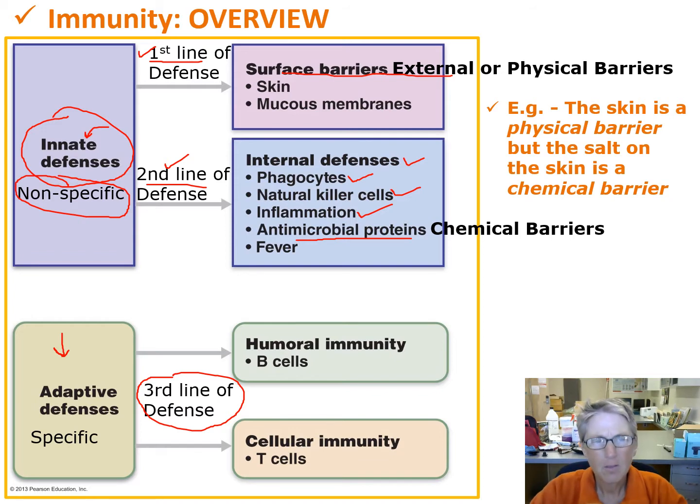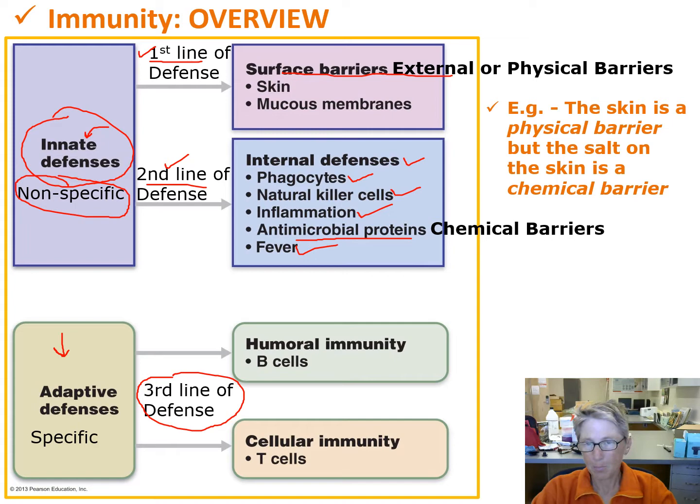And then what about this guy? Fever. So when you get a fever, temperature goes up, what happens is bacteria don't like to replicate or divide when it's hot. So your fever is actually a really cool defense to stop the bacteria from making more of themselves.